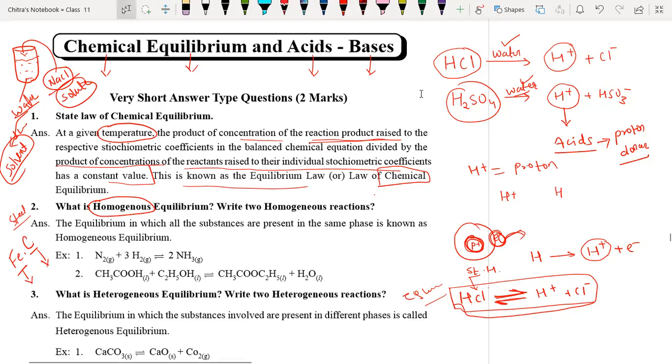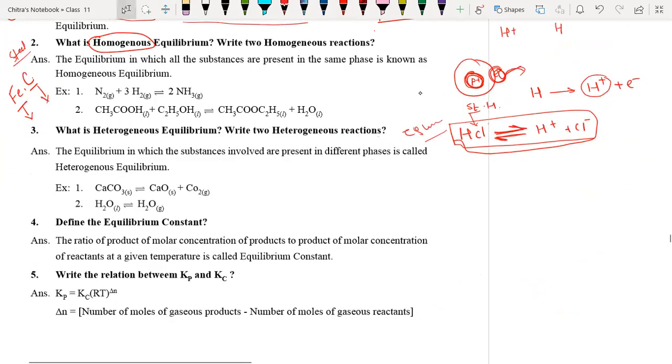Now, next. The equilibrium in which all the substances are present in the same phase. Same phase means you cannot identify them separately. If in an equilibrium the substances, whether reactant or product, are present in the same phase, then it is known as homogeneous equilibrium.